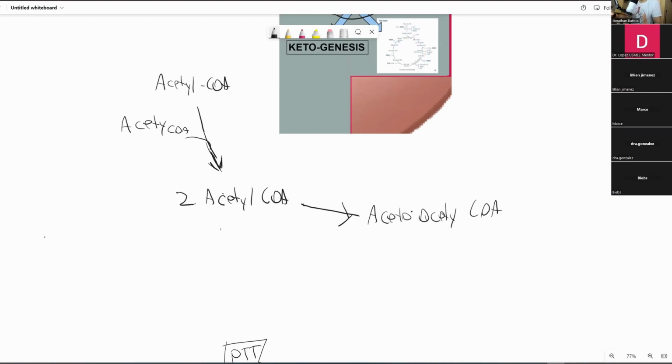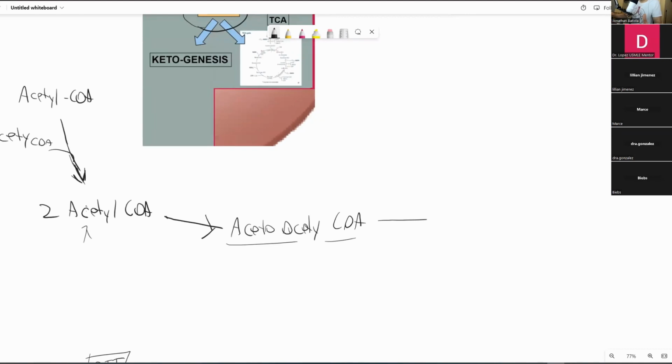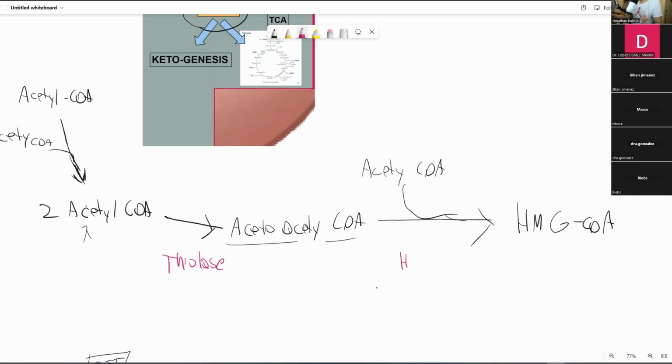These 2 molecules have joined together to make one molecule. And now guess what happens? Believe it or not, another acetyl-CoA joins the mix, and now you end up having HMG-CoA. If you look at the actual enzymes here, you'll see that this here is thiolase, and this here is HMG synthase.